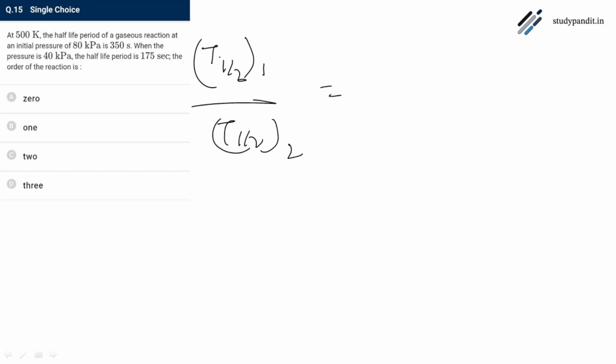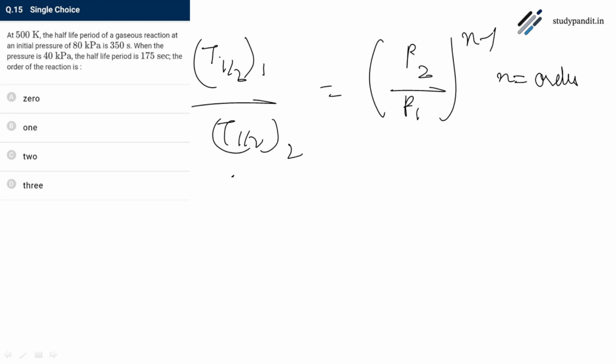At 500 Kelvin, the half-life period of a gaseous reaction at an initial pressure of 80 kilopascal is 350 seconds. When the pressure is 40 kilopascal, the half-life period is 175 seconds. The order of the reaction is. So we know t half 1 upon t half 2 is (P2 by P1) raised to n minus 1, where n is order.